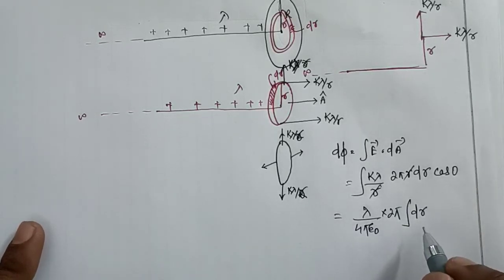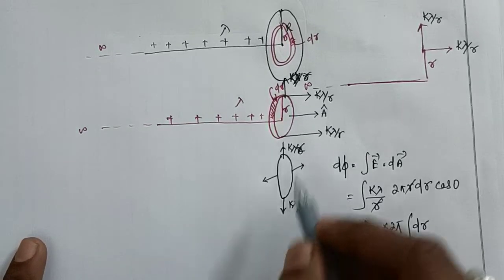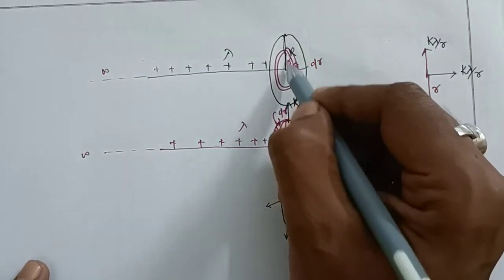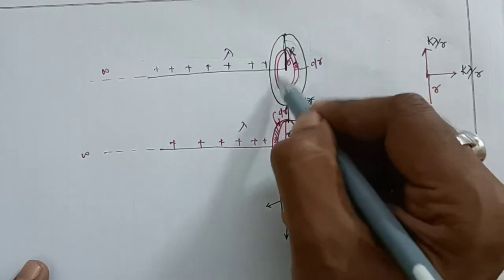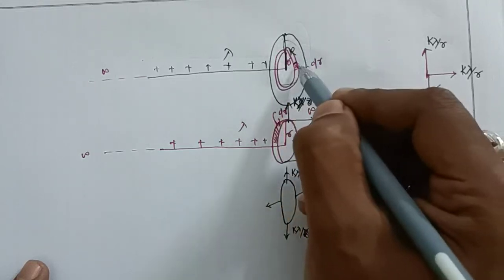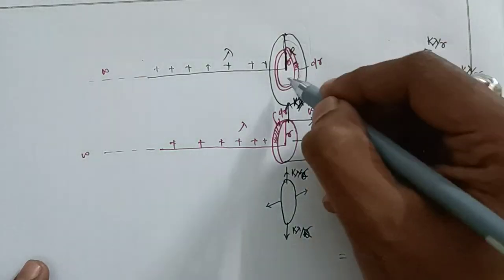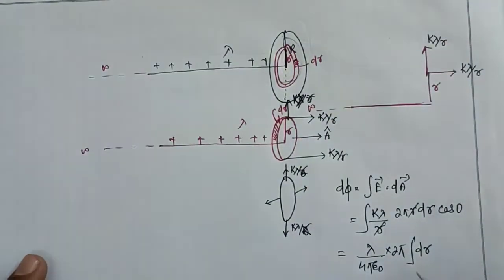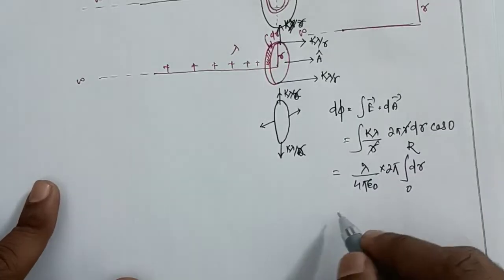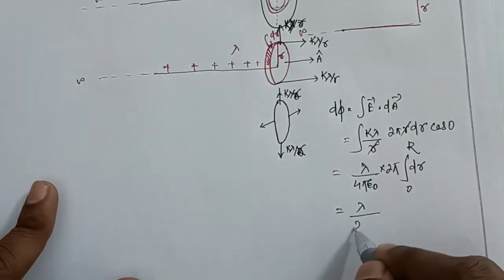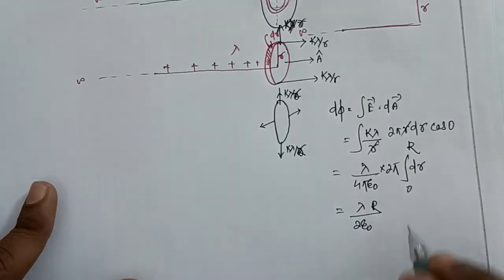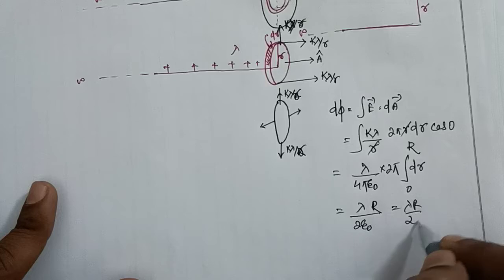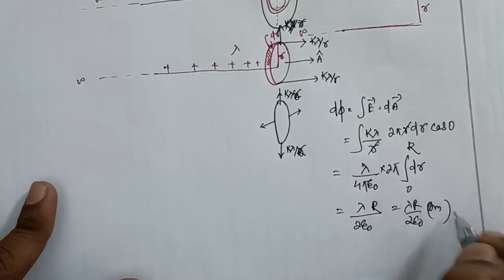So integrating this dr, the limit is, if I consider my element here, this is dr. If I consider a bigger disk, a slightly bigger ring, then the element is dr. If I add up like this, the total integration limit is 0 to r. Proceeding in a similar fashion, the expression is lambda by 2 epsilon naught, and solving this integration gives the result lambda r upon 2 epsilon naught. This is my final answer.